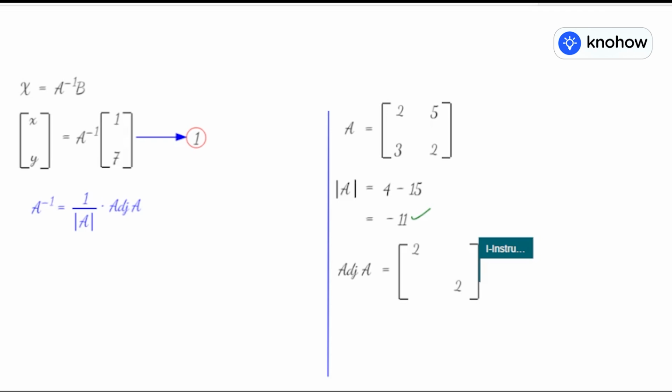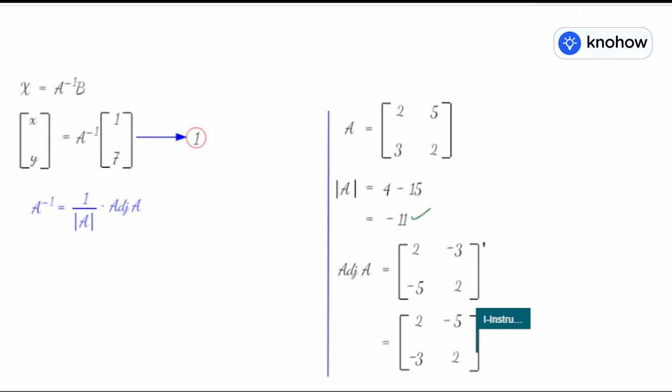Because I have written transpose, you know the cofactor of 3 is minus 5, with a negative sign, and the cofactor of 5 is minus 3. Now you take the transpose, so you get [2, minus 5; minus 3, 2]. That is the value of adjoint A.